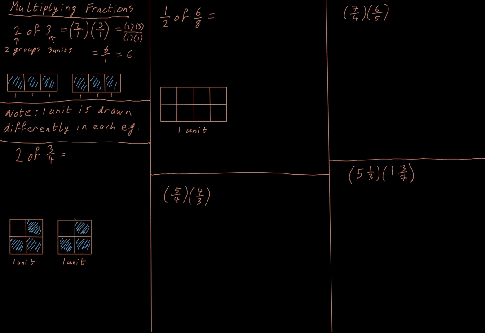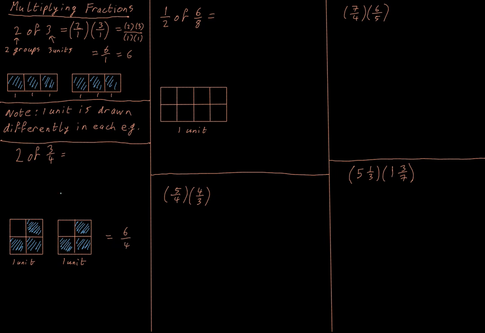I expect to have 6 quarters if I have 2 of 3/4. I have twice as many, just like I had 2 groups of 3 would give me 6. I had twice as many as I had when I had 3. So if we write that out now, I'm expecting my answer to end up being 6 over 4.